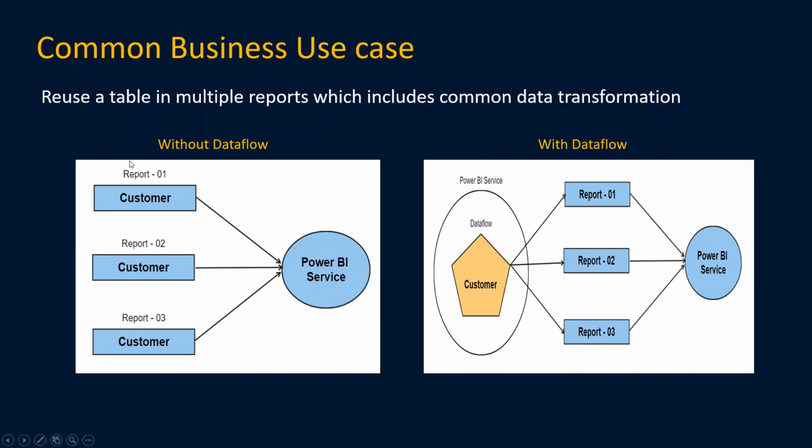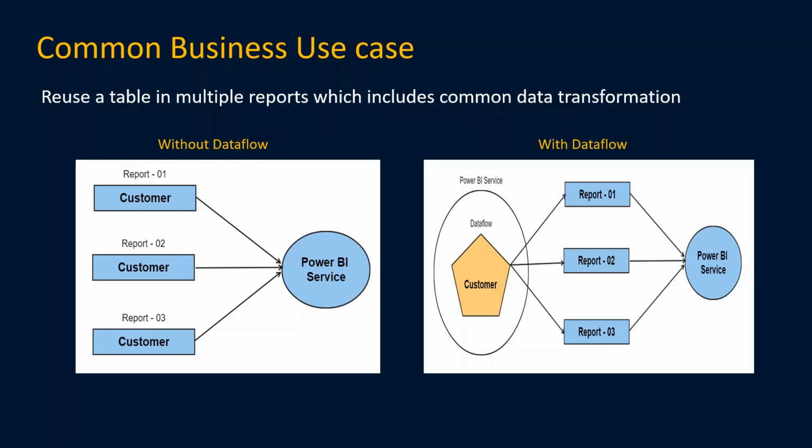Okay, and this is what I illustrated with the first diagram. As you can see here in this diagram, there are three reports, report 1, 2 and 3, and in all three reports we are using a table called customer, right? To use that customer table in report 1, we are connecting to the source system and getting the data.